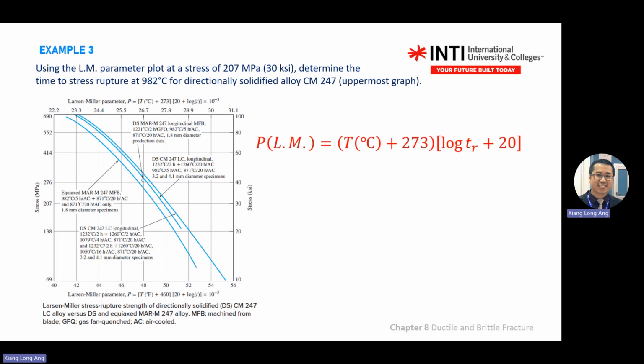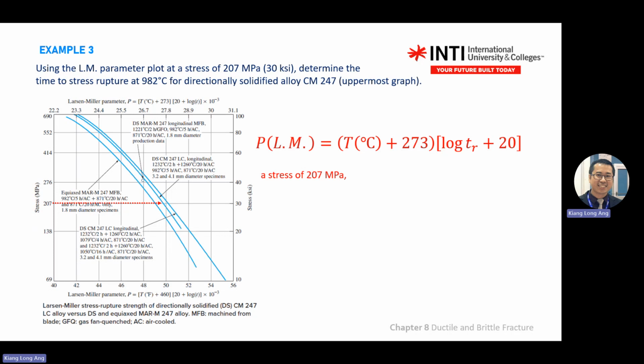So again, copy the equation from the graph. You don't need to memorize it. You see this one, normally you see the equation. So here, you only need to put in all the values. At stress 207, you extend the line to the curve here, and then either go up or go down.